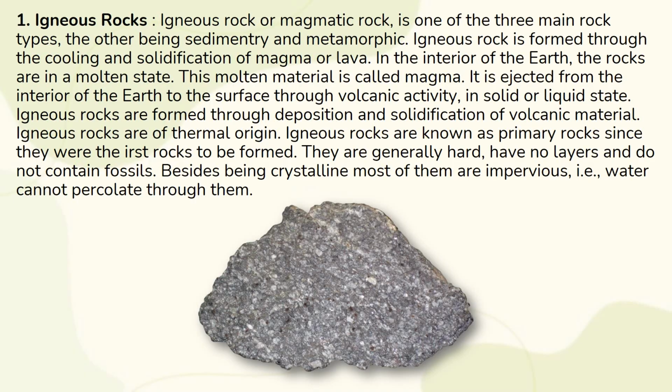Igneous rocks are known as primary rocks since they were the first rocks to be formed. They are generally hard, have no layers, and do not contain fossils. Besides being crystalline, most of them are impervious, i.e., water cannot percolate through them.